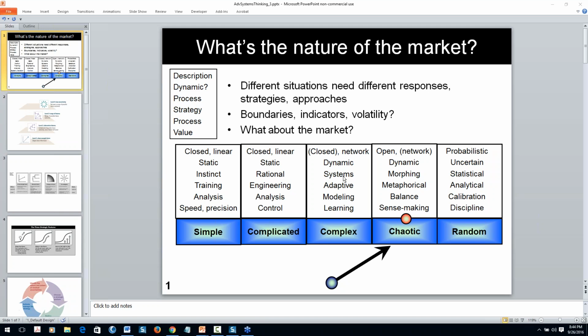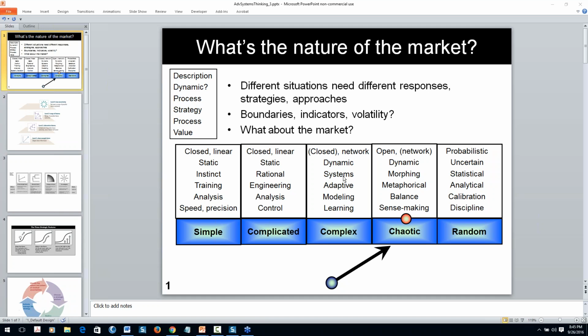The next market type would be chaotic, and so as we move to the right, we're adding details and variability and making it harder and harder to completely understand everything that's going on. And so in a chaotic market, what you have is something that seems to be based on rules and follows those rules, but where the sensitivity to initial conditions is such that we cannot predict with certainty where this thing is going to go next, that there are too many variables to allow for complete computation.